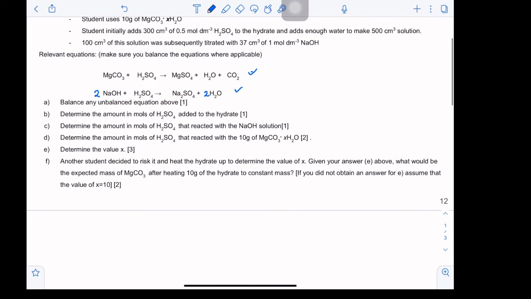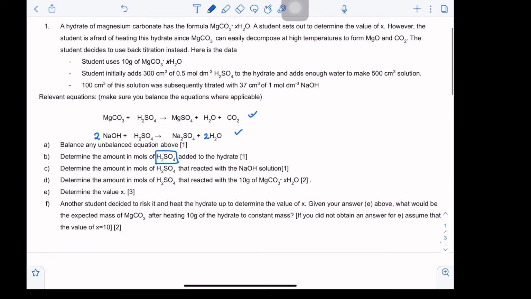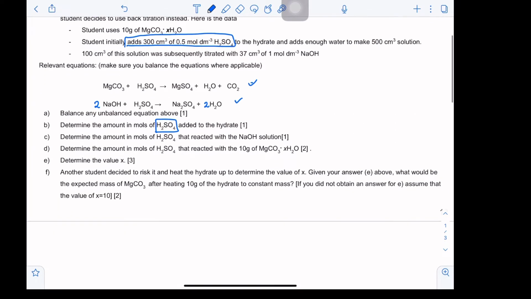To determine the number of moles of H2SO4, we go back to our problem. The amount that was added here is given. So we're given volume, and we're also given molarity.